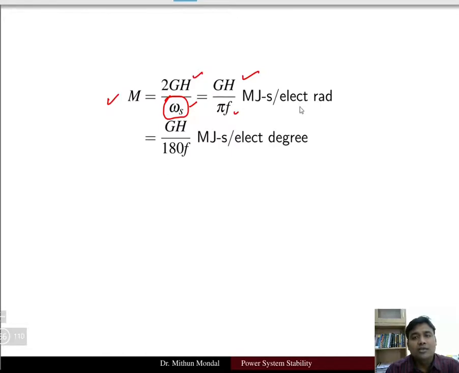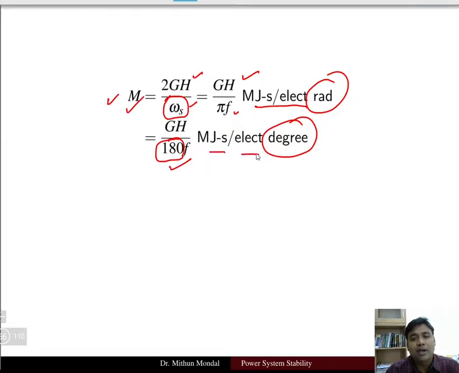Note here the unit is megajoule second per electrical radian. If we convert the radian into degree, we have to multiply by 180 in the denominator. So GH by 180F is the value of M, in the unit megajoule second per electrical degree.